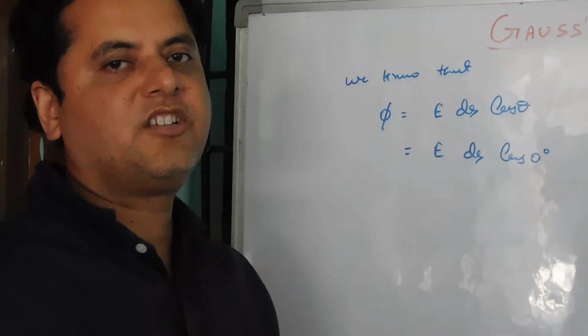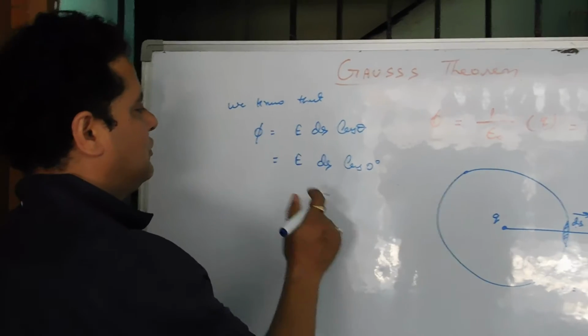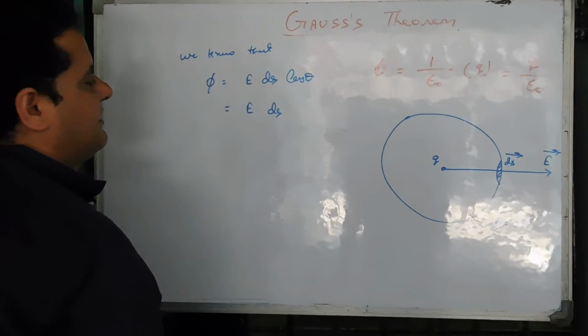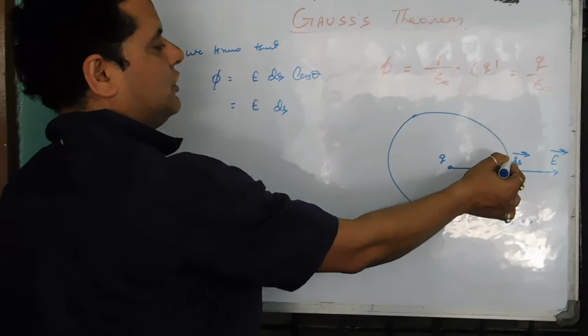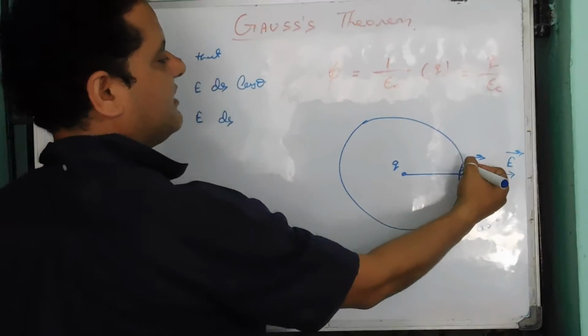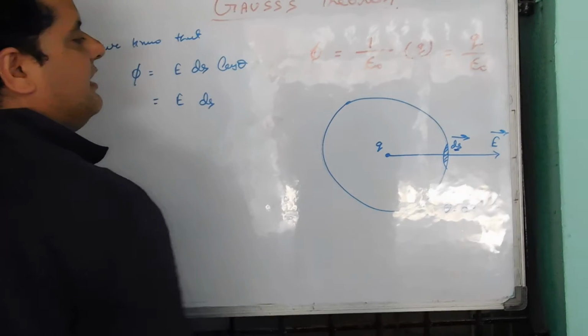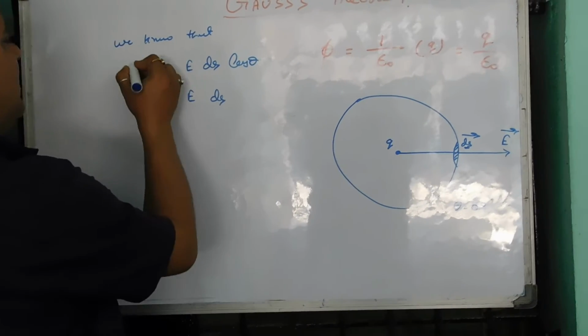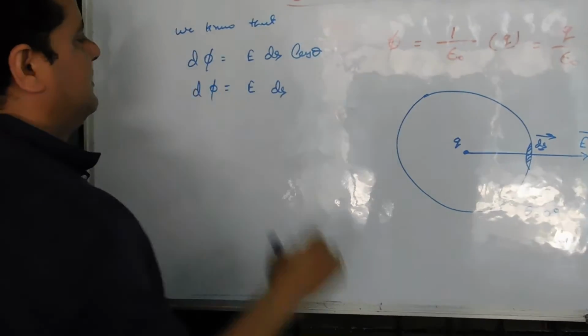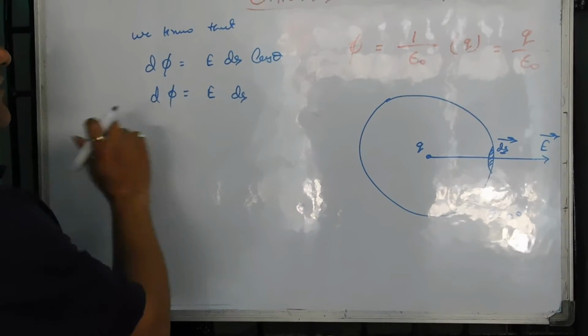The value of cos 0 degrees is 1. As the whole sphere is of different area and we consider only the elementary area ds, the flux through it is the elementary flux d phi.